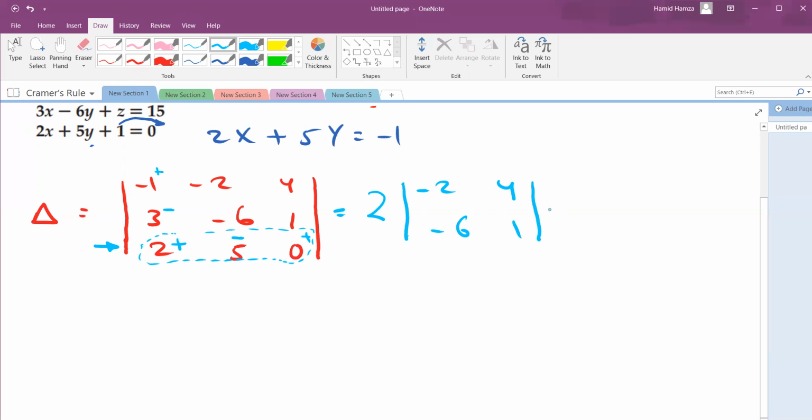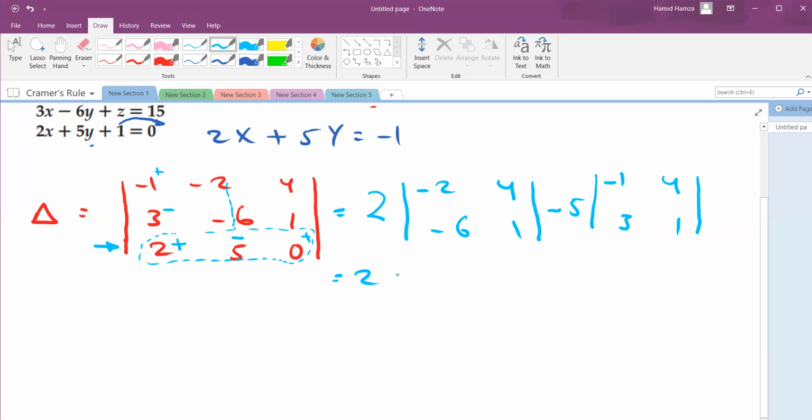Then negative 5 multiplied by, we eliminate this row and this column, negative 1, 4, and 3, and 1. The last number is 0, so no need to write it, because whatever the value of that determinant is will be multiplied by 0, so the answer will be 0.